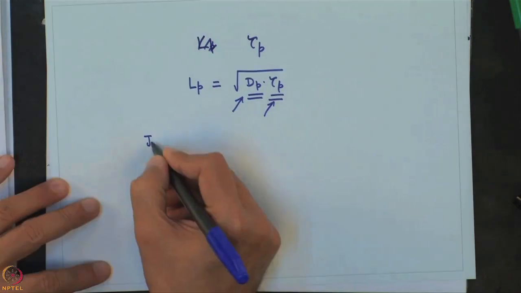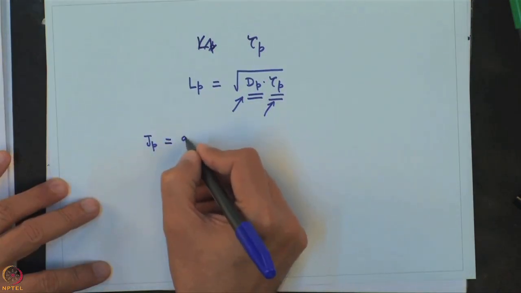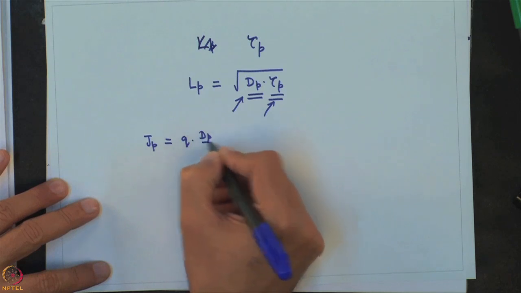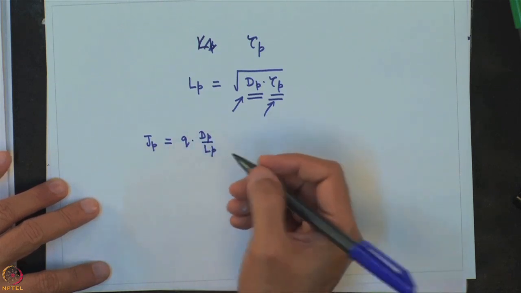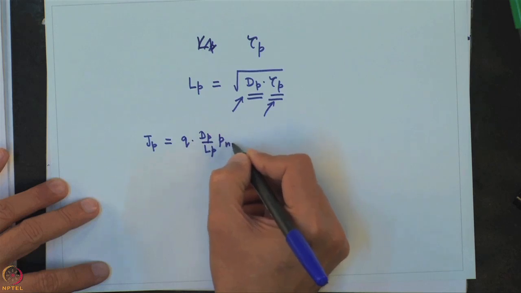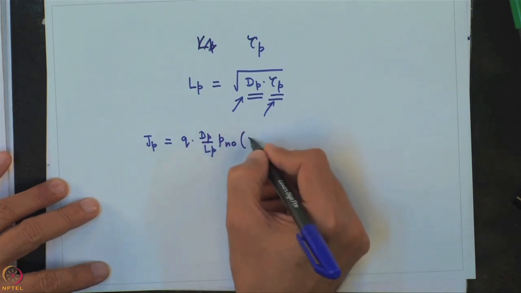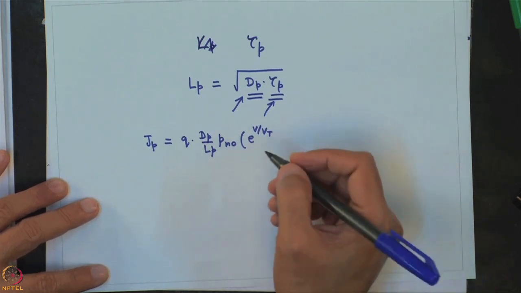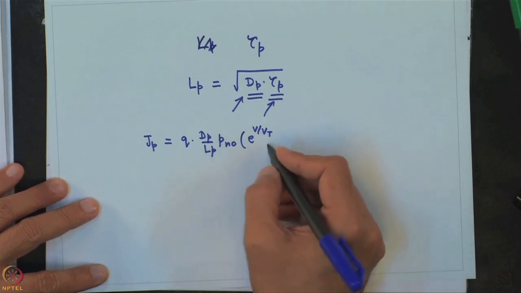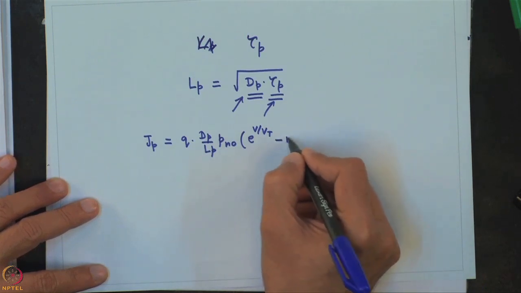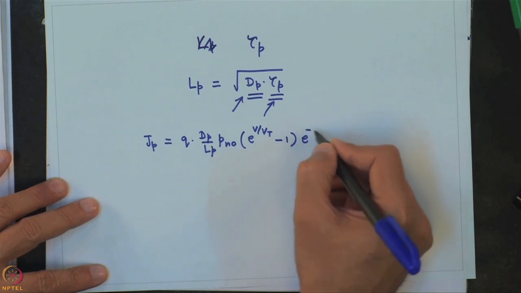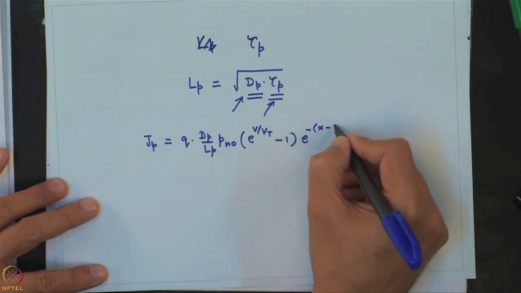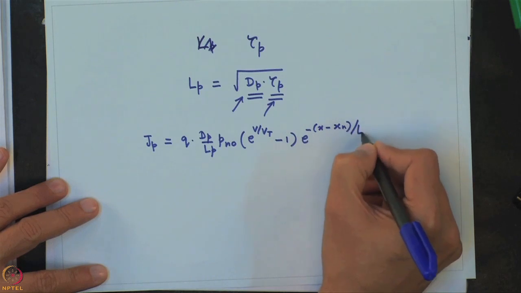Now these minority carriers, these holes, give rise to a diffusion current density Jp equal to q times Dp by Lp, times Pn0 into e raised to power V over Vt minus 1, times e raised to power minus of (x minus xn) by Lp, where Vt is nothing but kT by q that we have seen before.